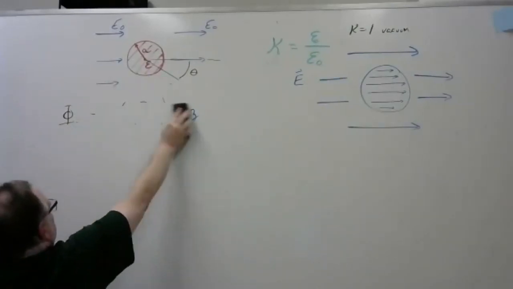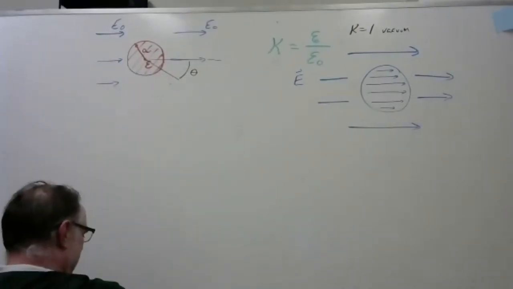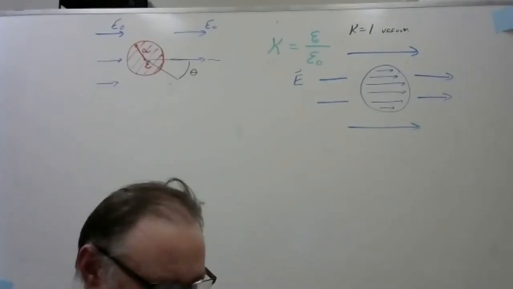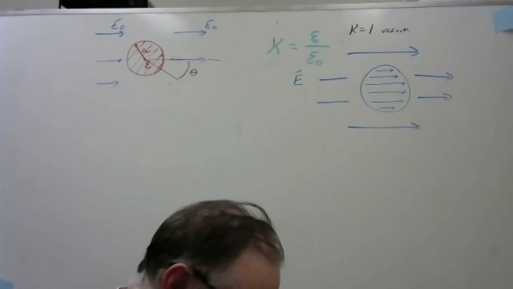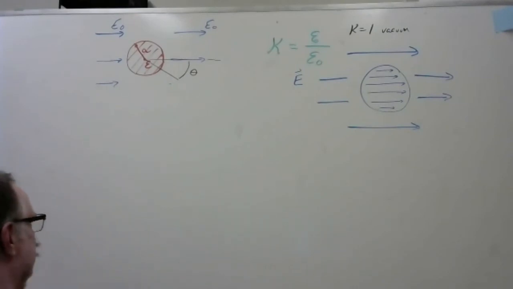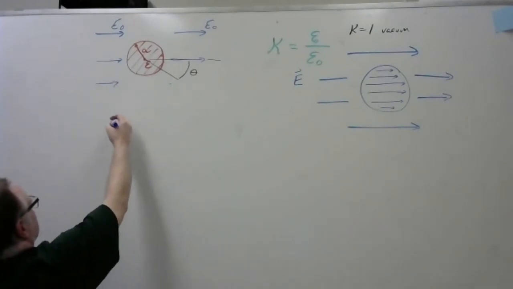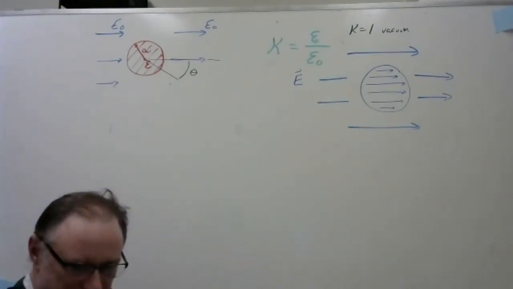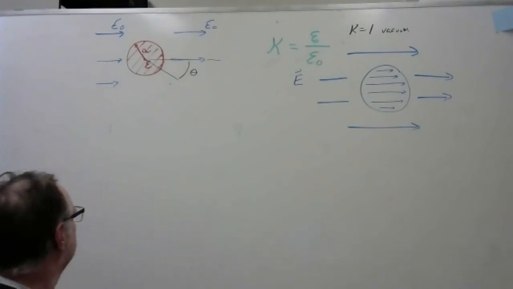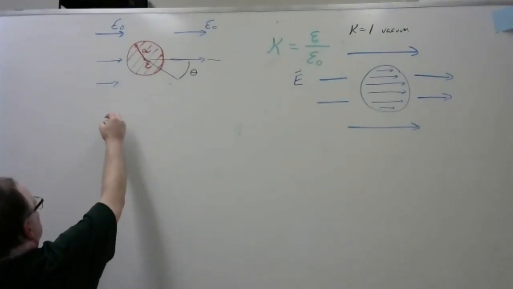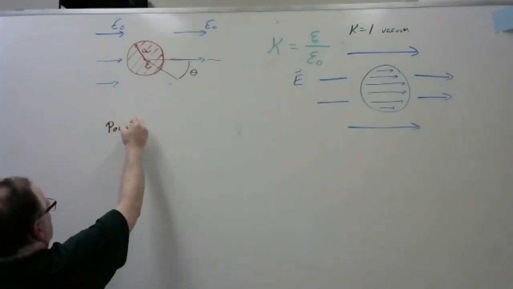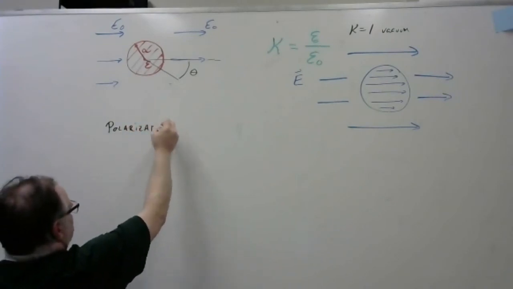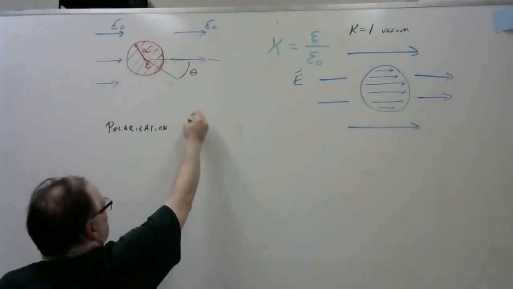All right, so now I erased everything. What I want to do is look at how we do this in terms of the polarization quantities. In other words, if I took a look at the polarization, this capital P vector that we have.